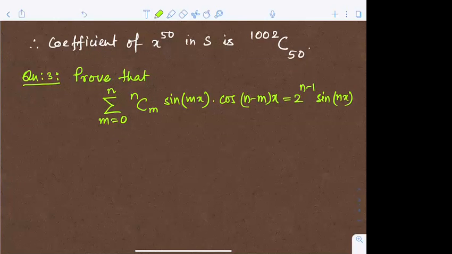So this you have to prove. It's a little difficult task. Try to check how it can be done.